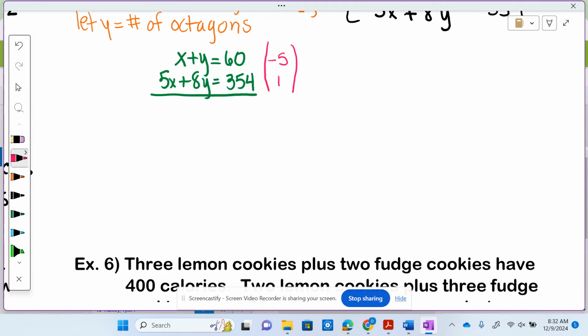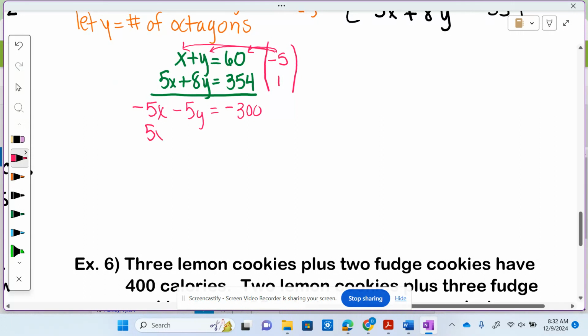Okay, so let's see. -5 times x is -5x. -5 times y is -5y. And -5 times 60 is, what's 5 times 6? 30. Add a 0. So -300. We're not changing the bottom equation at all. So multiplying by 1 is the same thing as not changing it, right?